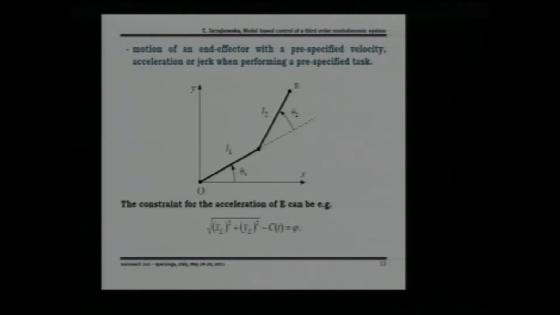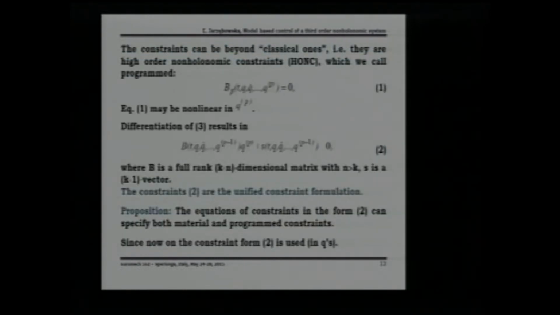Here is the example of the constraint. Definitely, it's not the classical constraint. This is not the constraint you can treat using Lagrange equations. So I'm in this control business for a while. So what I suggested is to take the general form, a unified constraint formulation.